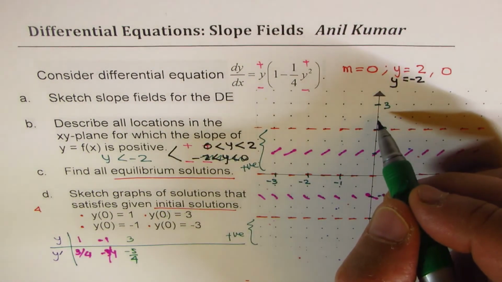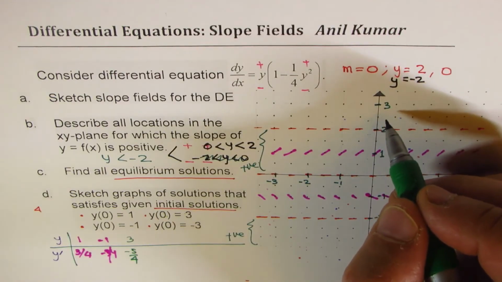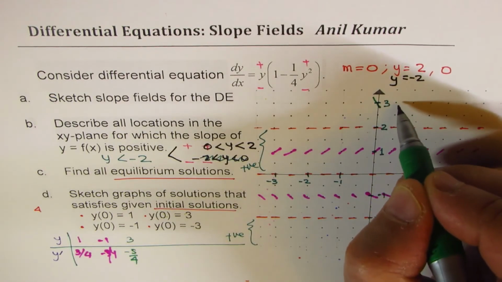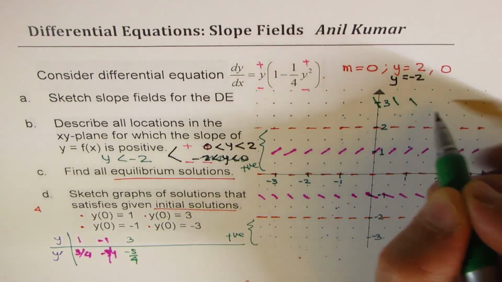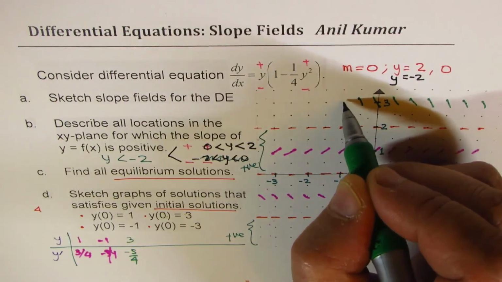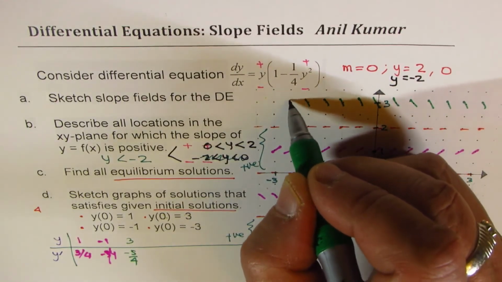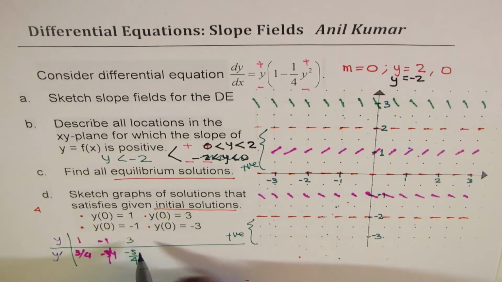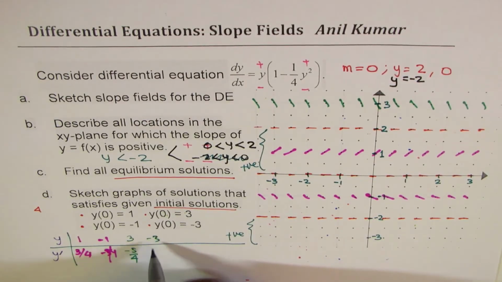Right? So it is coming down negative and it's more than 1. So let's say it's kind of like this. Since it is independent of x, all along y equals 3, we can draw these short segments indicating the slope fields. Now let's look into minus 3.